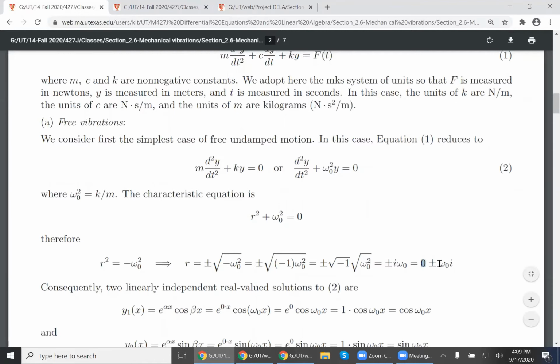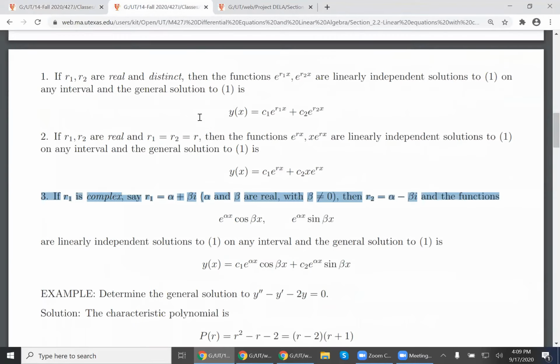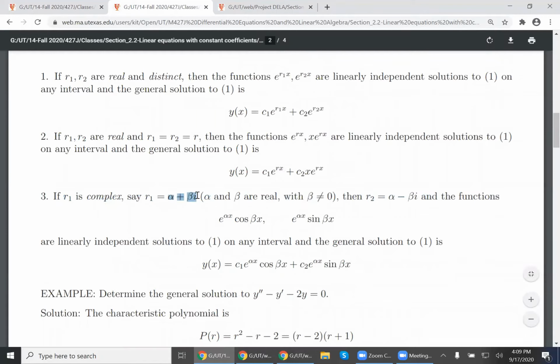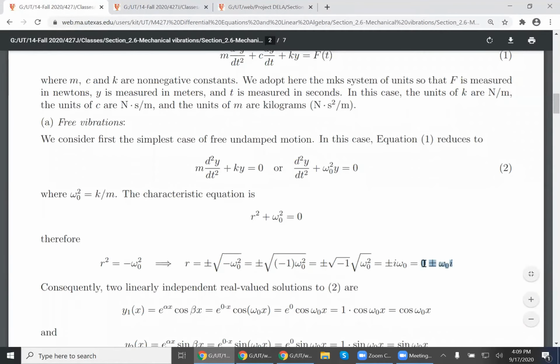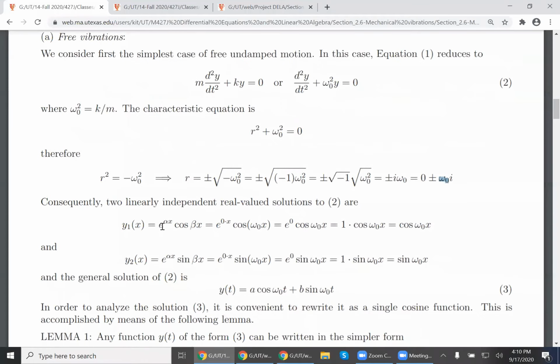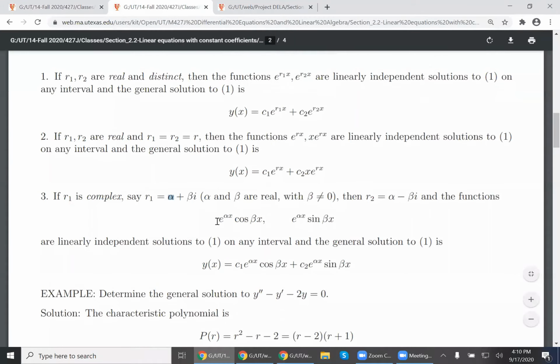Now, if we compare this and this, clearly, in our case, alpha is equal to 0 and beta is equal to omega 0. Now we apply these two formulas, just a copy of these two formulas.